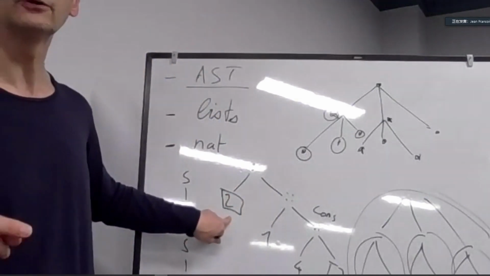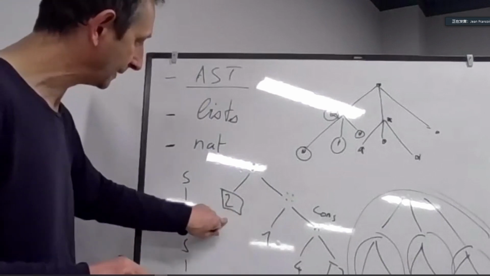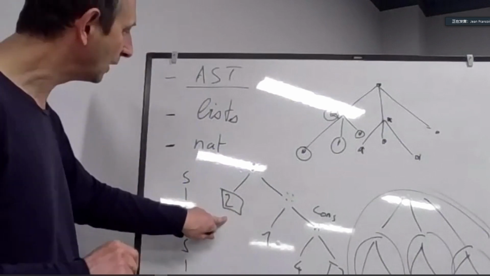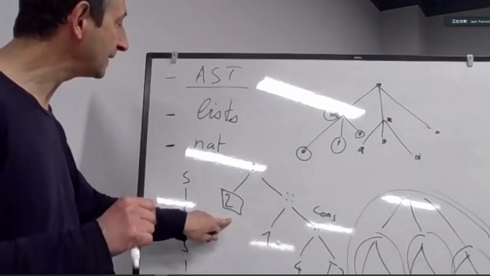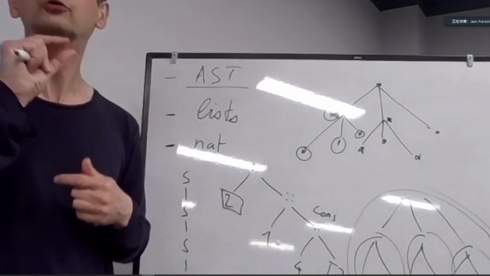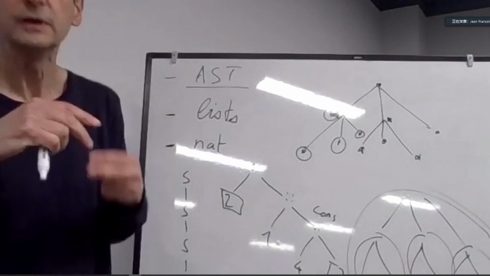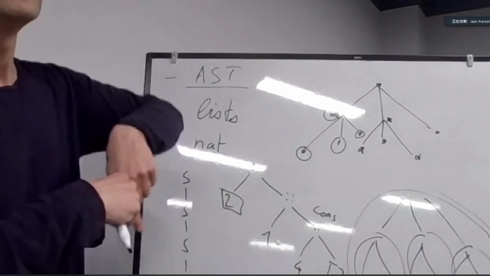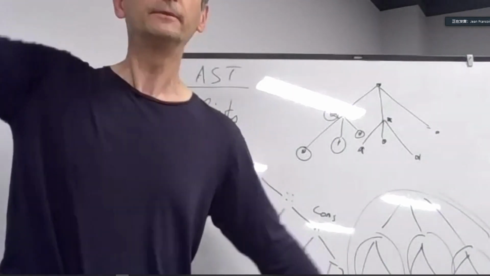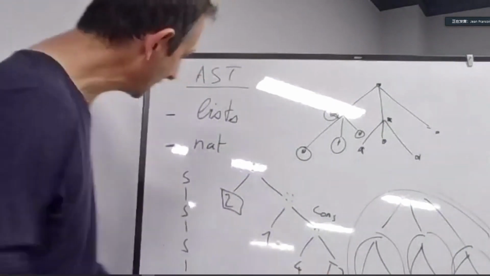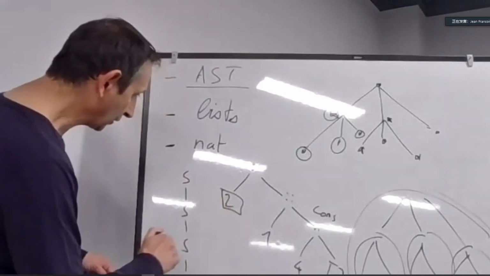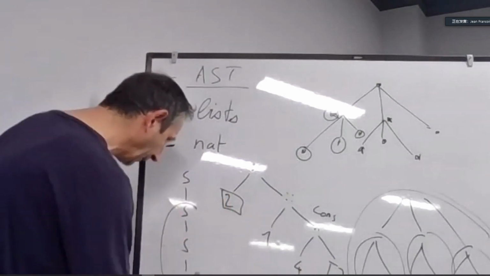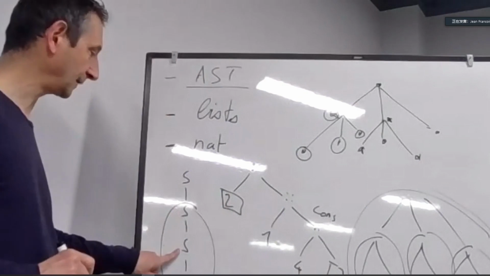Not in OCaml, but in Coq, you have nothing which is a small element called 2. You could imagine that natural numbers are a kind of big enumerated type, but that's not the case. It is actually just a notation for this one, successor of successor of 0.